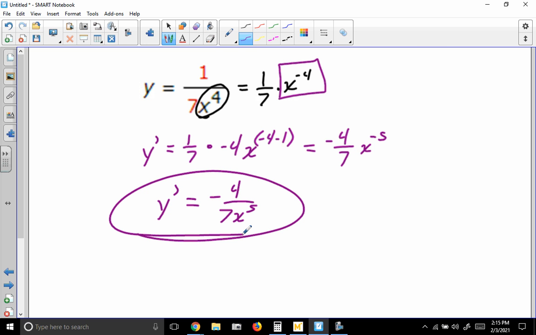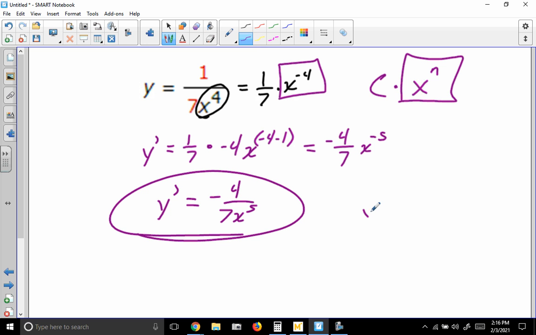So while we don't currently have a rule that deals with dividing, if we can rewrite it in a form of something that we know how to take the derivative of, in this case, x to a power, and then if we have a constant, we leave the constant out front, take the derivative of x to the power, that is something that we have a rule for. Where we get in trouble is trying to do things that we do not have a rule for.